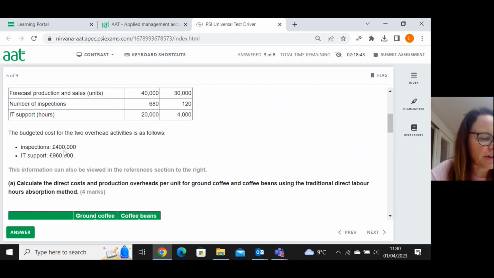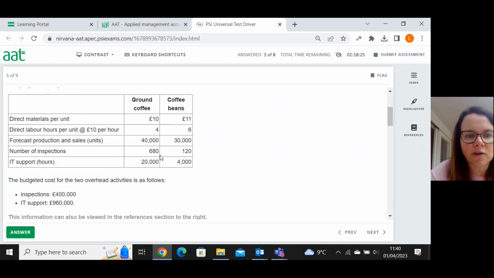So I've got £400,000. That is spread across a total of 800 inspections. So 400,000 divided by 800 is £500 per inspection. The ground coffee is 680 of those.